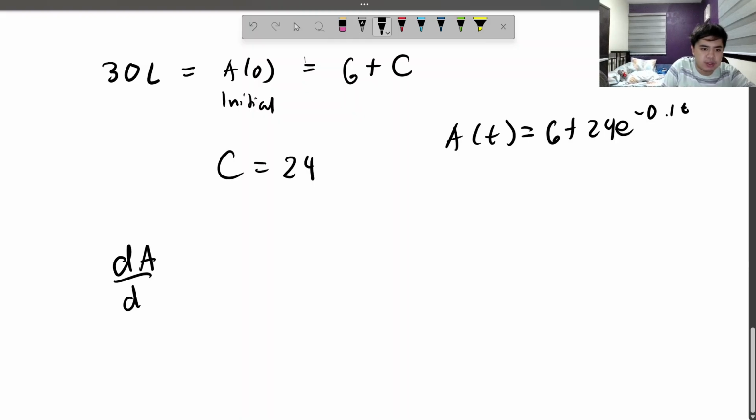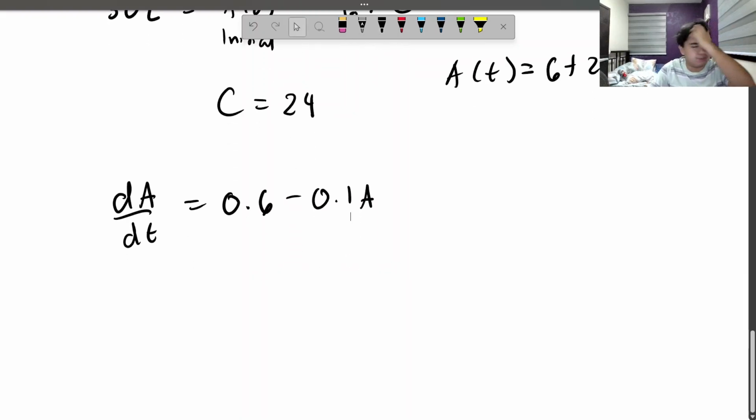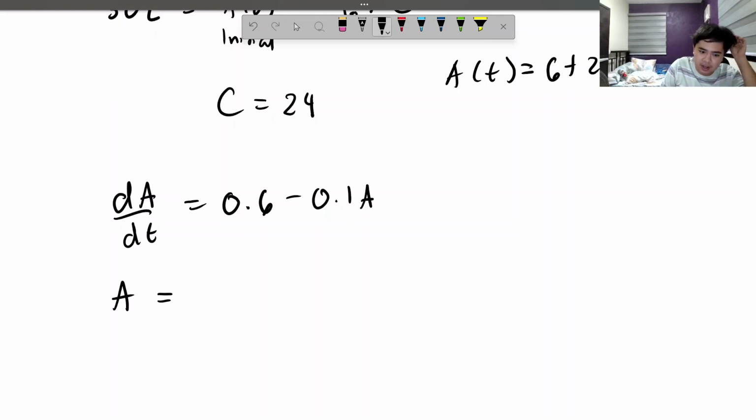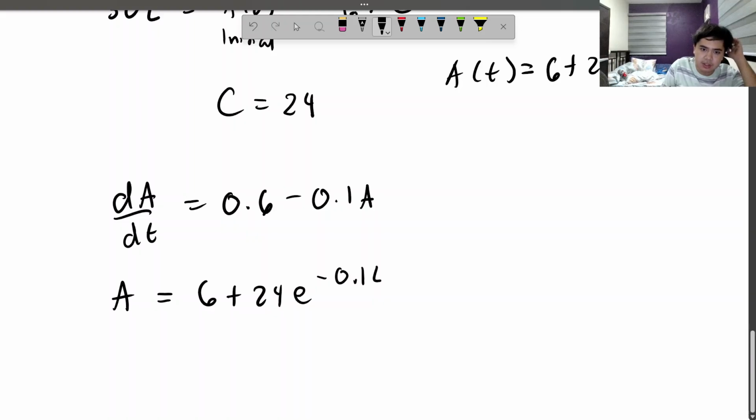dA over dt, as we discussed earlier, is 0.6 minus 0.1 A. And A, as we discussed earlier, is 6 plus 24 e to the negative 0.1 t. All right. So what do we do now?